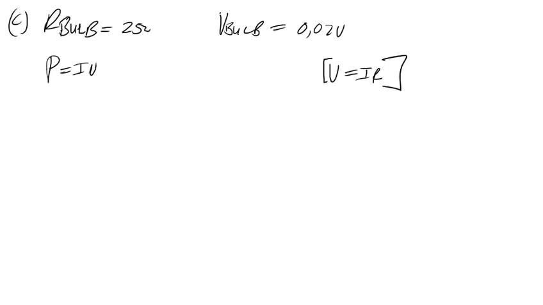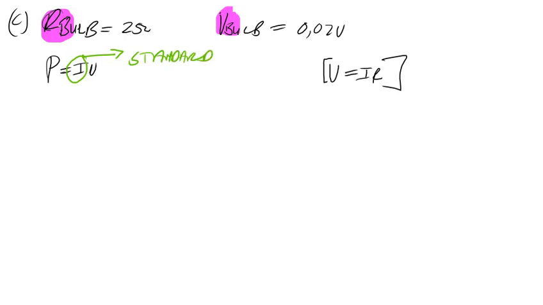In order for you to calculate power, you need a formula that has got R and V. So we don't need I. Let's get rid of this I from the standard equation of power.